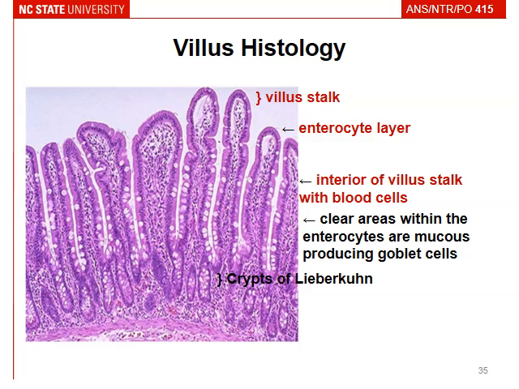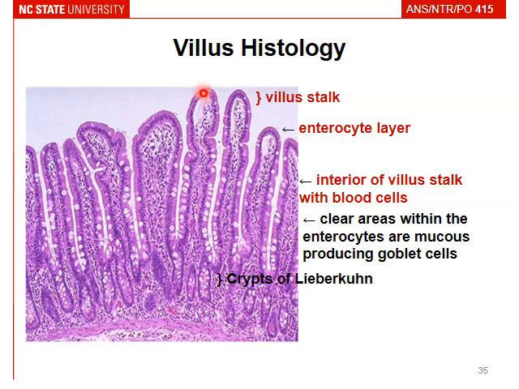And here is a histology example. So here we have at the bottom the crypt, and this is where we have all the enterocytes, endocrine cells, and the goblet cells first form, and they move up the villus stalk.